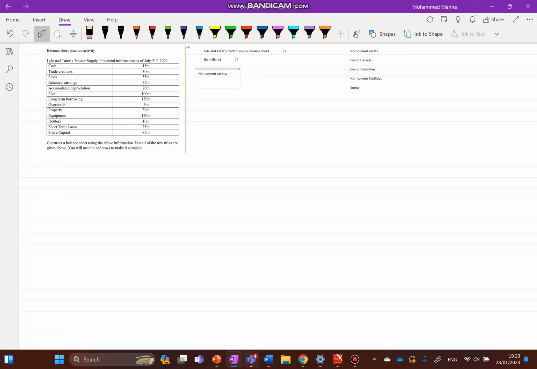And then you'd start looking through. You can color code it with a highlighter if you want, just to separate each, but I just like to go through it and write it down instantly to have it in my mind. So first things first, we look through: cash, trade credit, stock, and then plant. So we'll write down plant, and we'll write down the value.